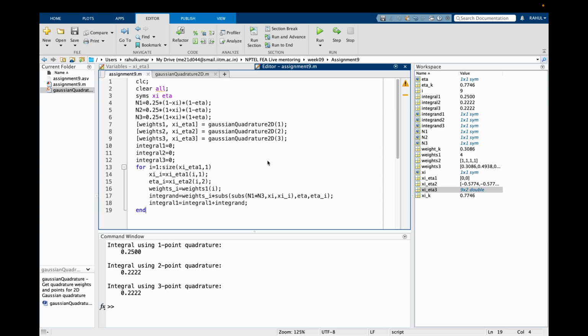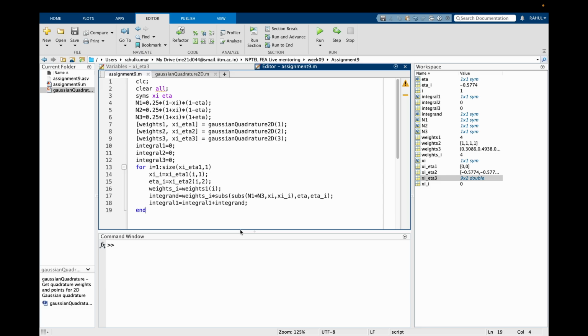Okay, so let's check whether it is working or not. Here we need to use double so that it will give a number form. So integral 1, that is 0.1667, maybe we are, yeah, here it should be 1. Let's run this.